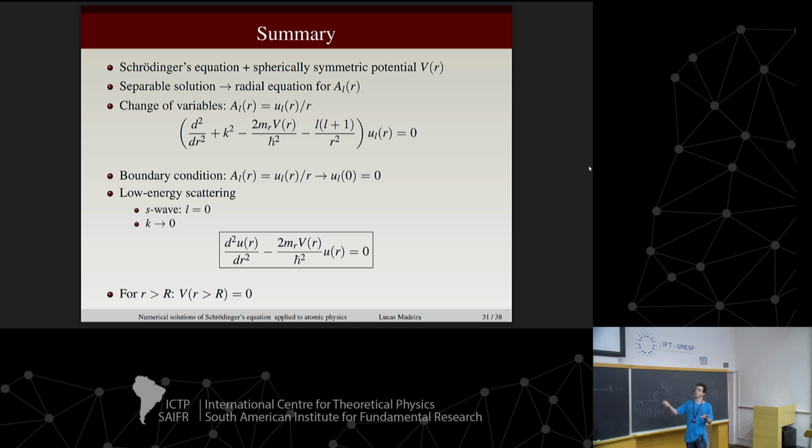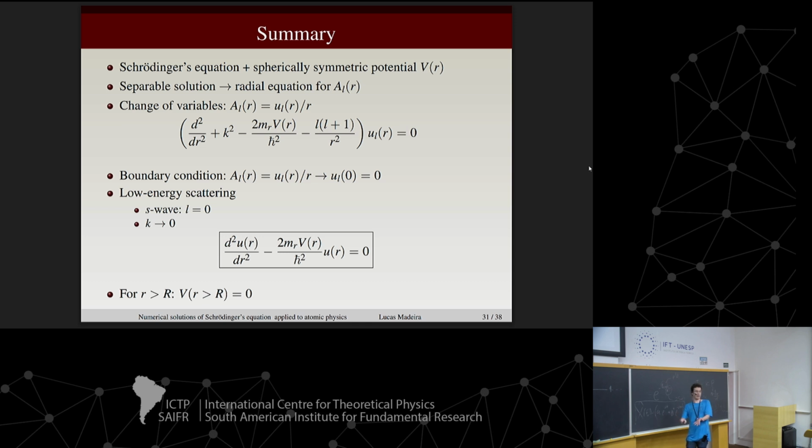Then we said, oh, but we don't want to do scattering in general. We want this very special limit of low energies. Then we argued that for this special limit, the most important partial wave is L equals 0. We took the low energy limit, that means that k goes to 0. We get this much more simplified equation that we need to solve, with V being of some form inside the range of the potential, but outside it's 0, okay? Because it's finite range. Okay, so this is the summary.